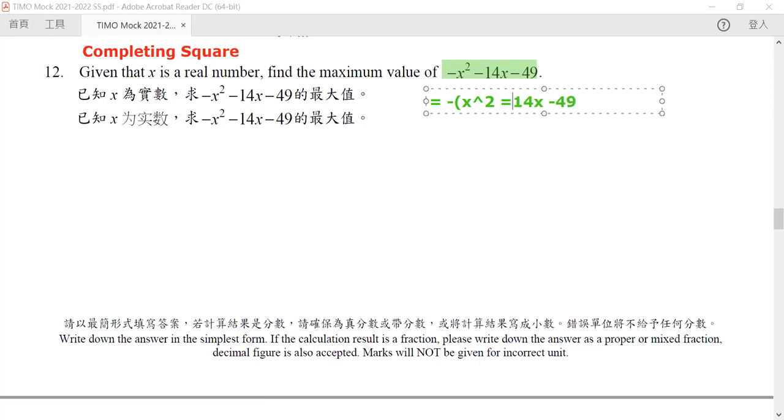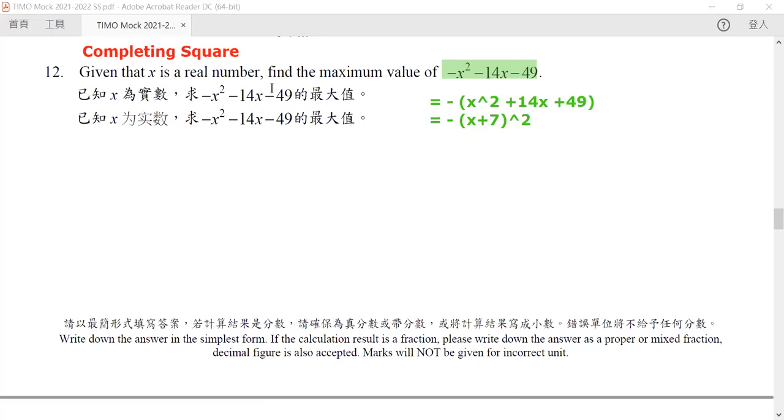We can just look into it this way. Now you can clearly see that the part within our parenthesis is exactly equal to x plus 7 squared.